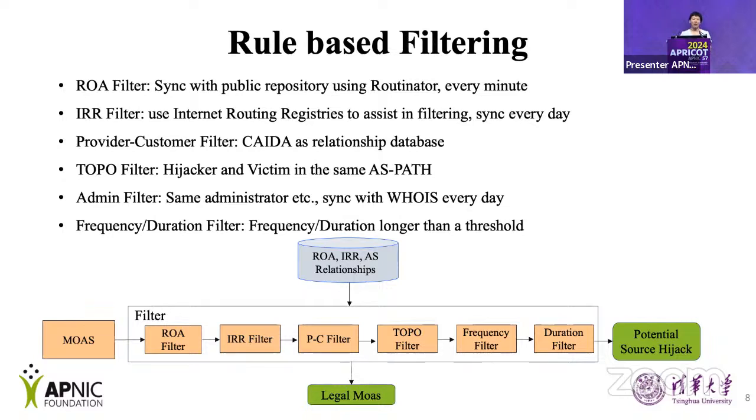And the IRR filter will use Internet Routing Registries to assist in filtering, and it syncs every day. And we also have a customer filter, topology filter, admin filter, and frequency filter. All these filters are used to aid the MOAS filtering.